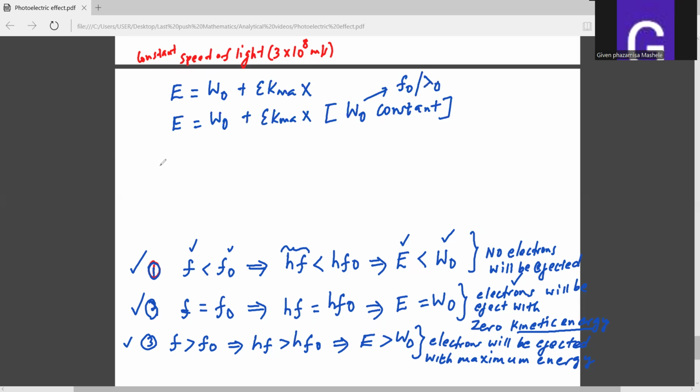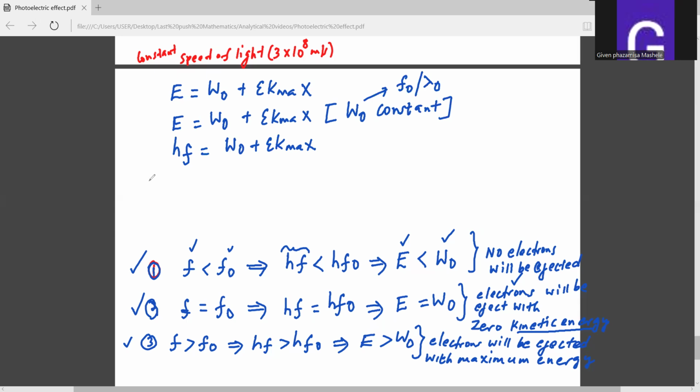Now look at this. If I'm comparing E and EK maximum, assuming that W naught is constant, what is E? E equals hf. Then EK is just EK. I want you guys to look at this. The only way you can increase the kinetic maximum, if we assume that W naught is constant, is by increasing the frequency of light.